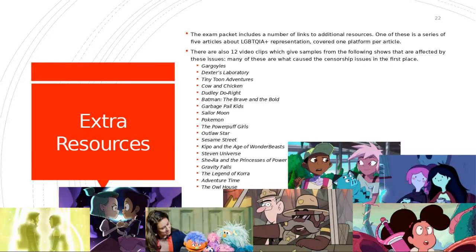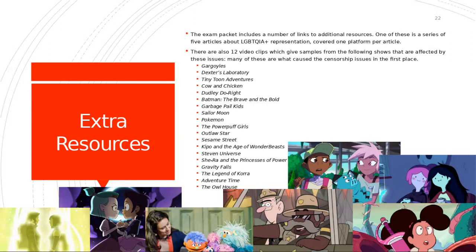Steven Universe, it's the lesbian wedding that they made headlines for portraying on their show. She-Ra and the Princesses of Power, it's an overview of the relationship between Adora and Catra, which was the central relationship of the show. Gravity Falls is clips with Sheriff Blubbs and Deputy Durland.